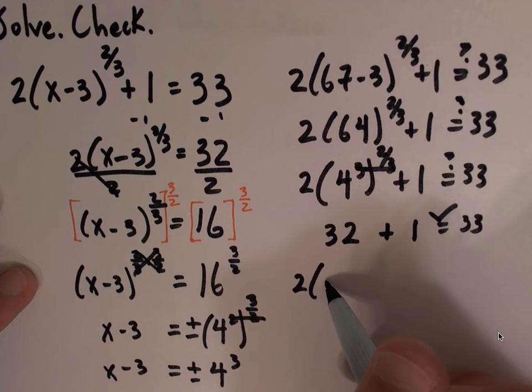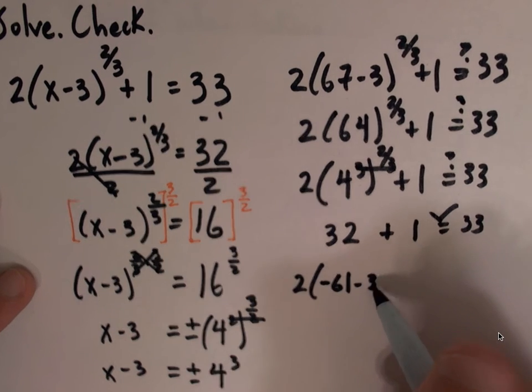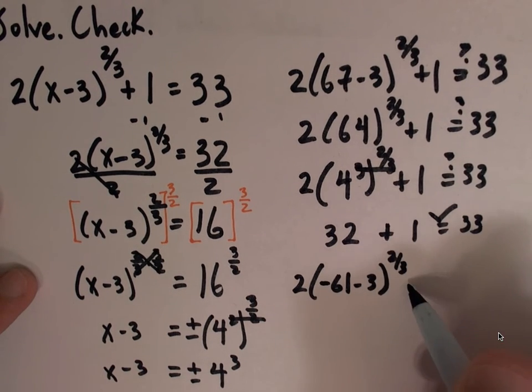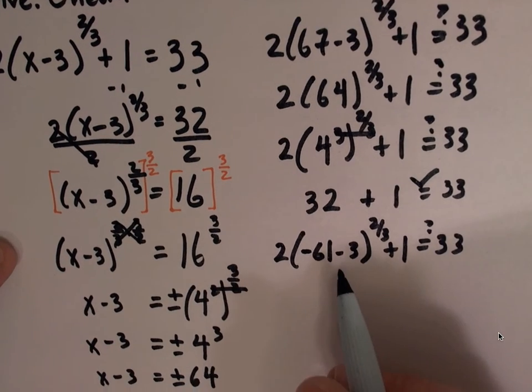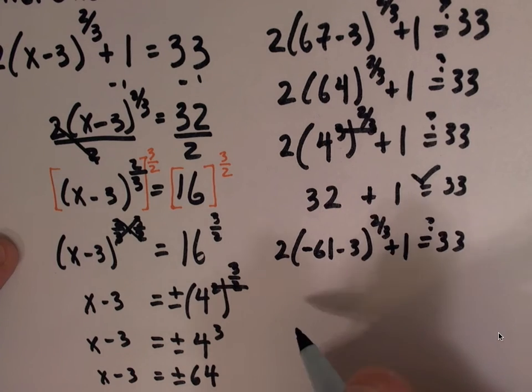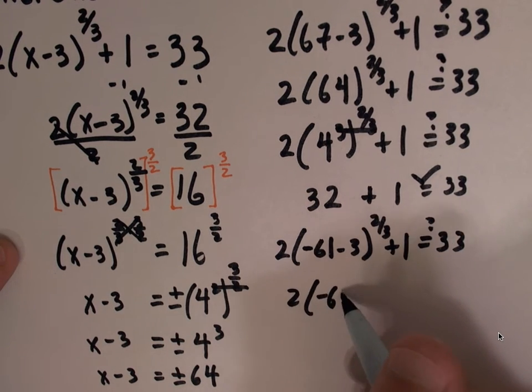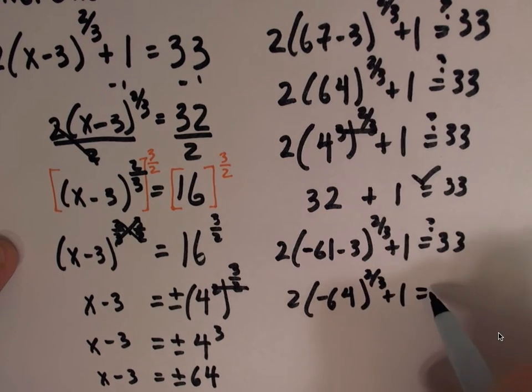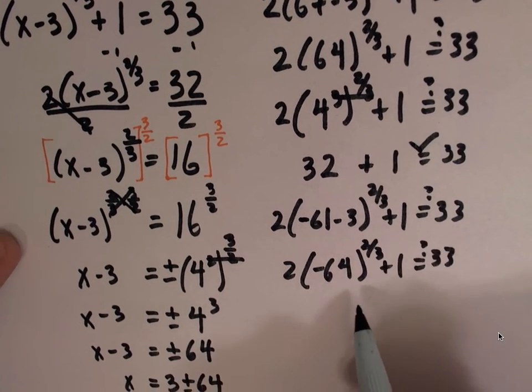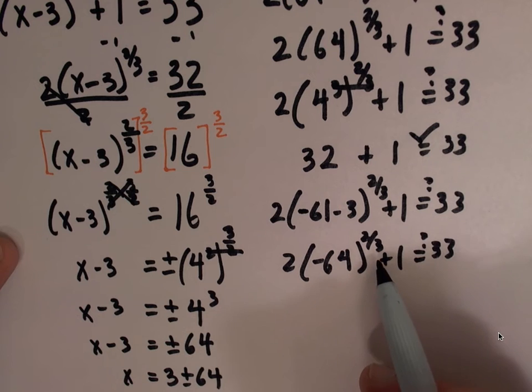2 times (negative 61 minus 3)^(2/3) plus 1. Does that equal 33? Well, we get negative 61 minus 3, so 2 times (negative 64)^(2/3) plus 1. Does that equal 33? So let's rewrite this as something to the 3rd power.